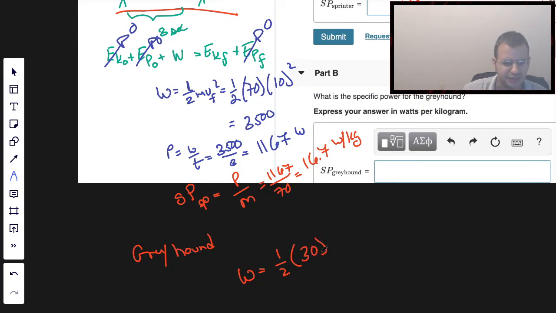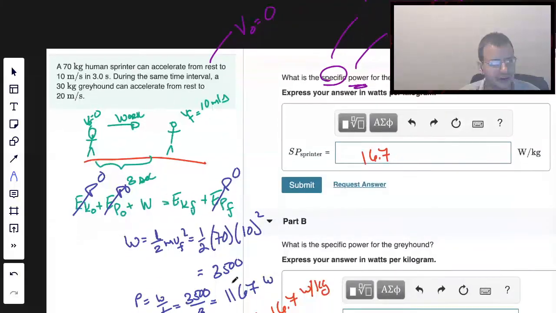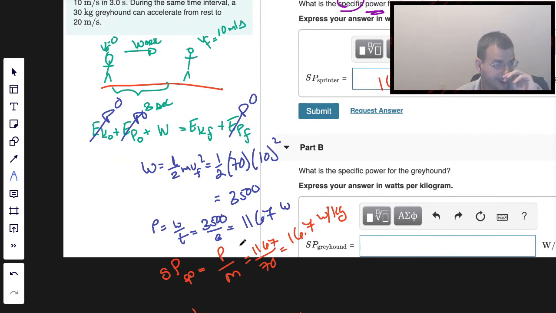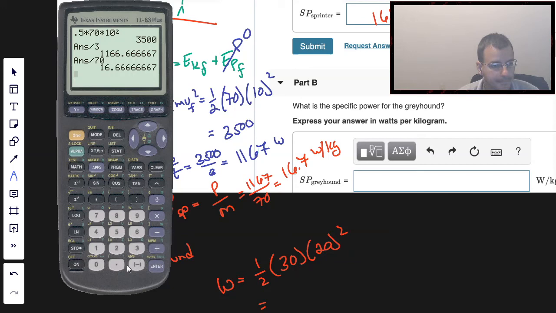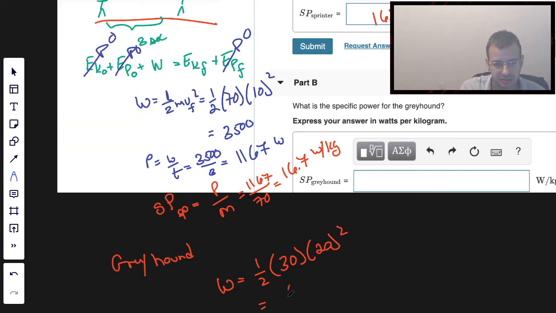Actually, that sounds heavy for a Greyhound, but maybe it's fine. And then it's going to be 20 squared, so this value should be about twice as much. 0.5 times 30 times 20 squared, we get 6,000.